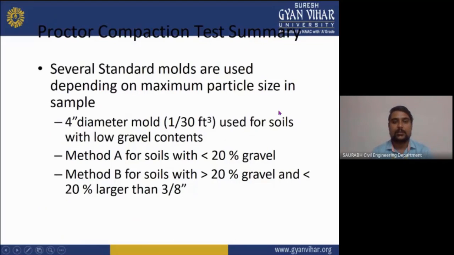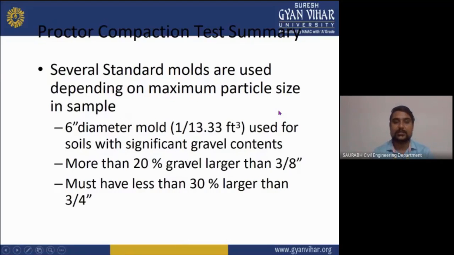Now we will come to the several standard molds used depending on the maximum particle size of the sample. A 4-inch diameter mold, which is equal to 1/30 cubic feet, is used for the low gravel content method, a soil with less than 20% gravel. Method B is for soil where it is greater than 20% gravel and 20% larger than 3/8 inch.